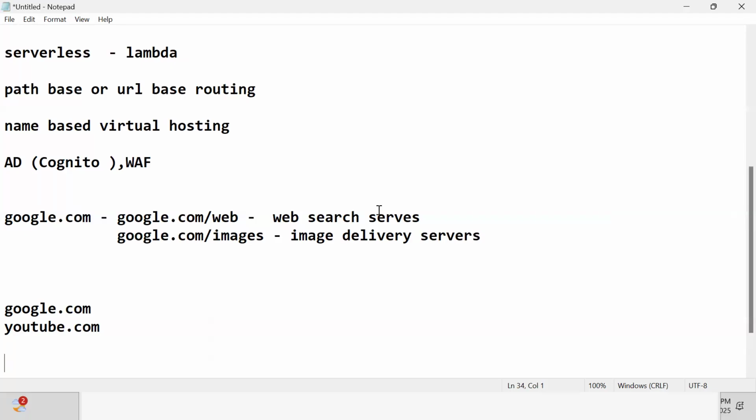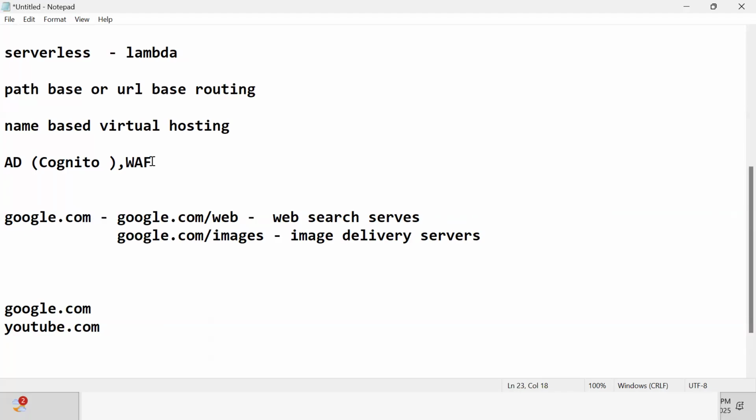I also want to filter some traffic by geolocation. Suppose I don't want to allow traffic from some countries, like Israel, China or maybe Russia. I want to restrict traffic geolocation-wise. All these are possible with web application firewall.